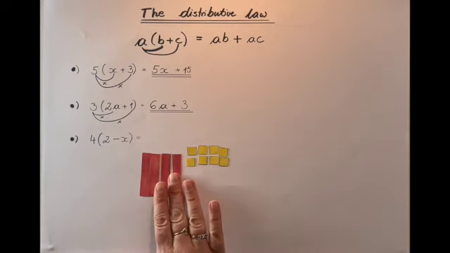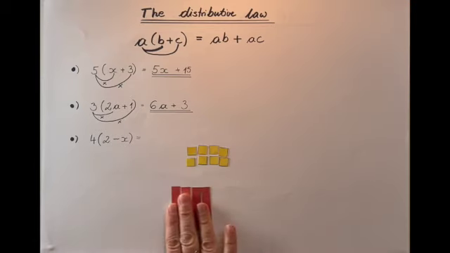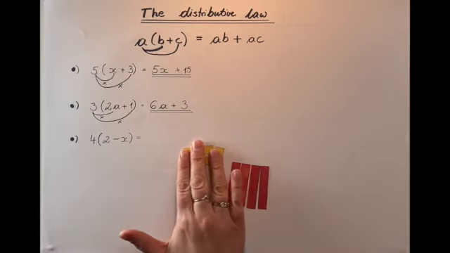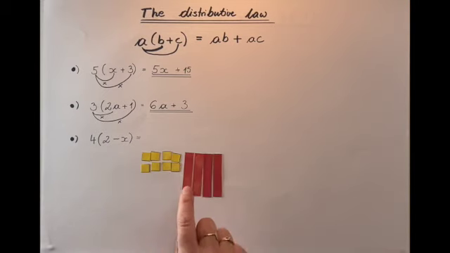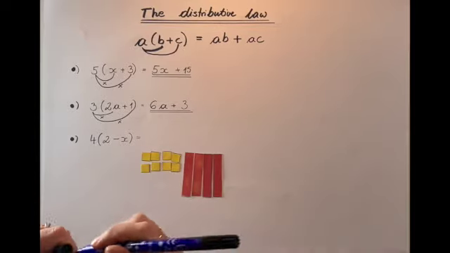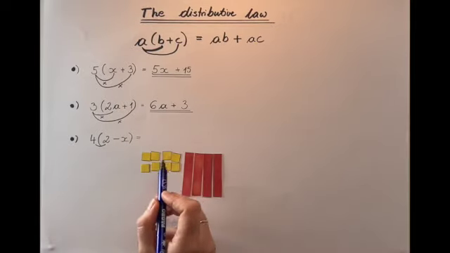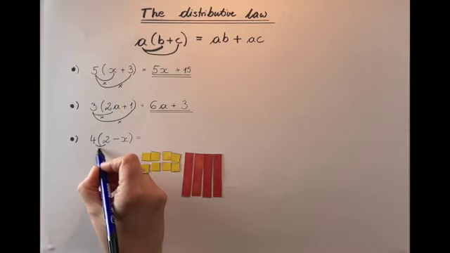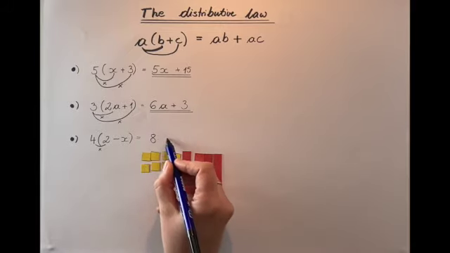1, 2, 3, 4 packs of 2 units. And what do I have here? Maybe you want to switch that around, but you already notice it doesn't matter whether I put the x's first or the units first. So we have here 4 packs of 2, giving us 4 times 2 is 8 units.